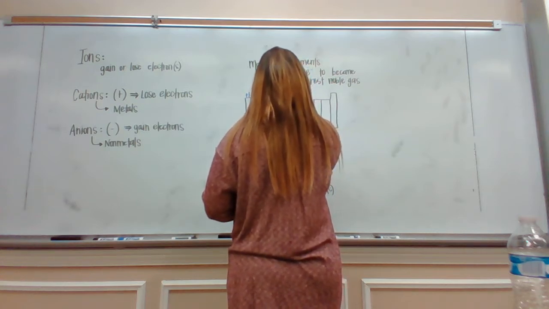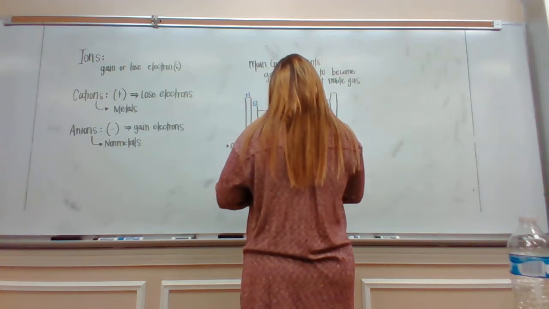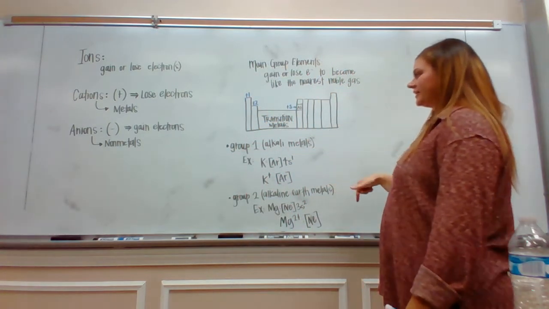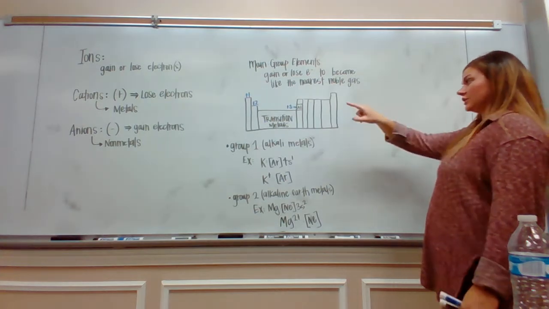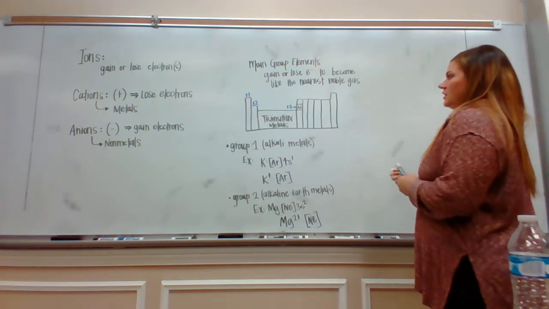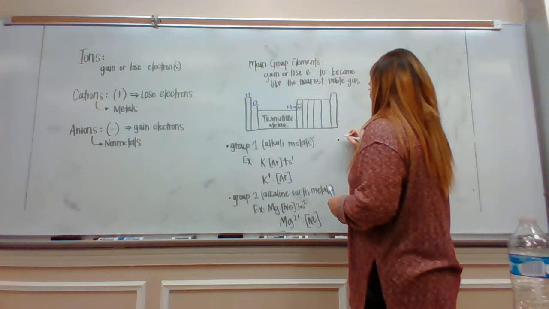Alright, the only other one, as far as cations go, is going to be aluminum. Aluminum is in the P block.